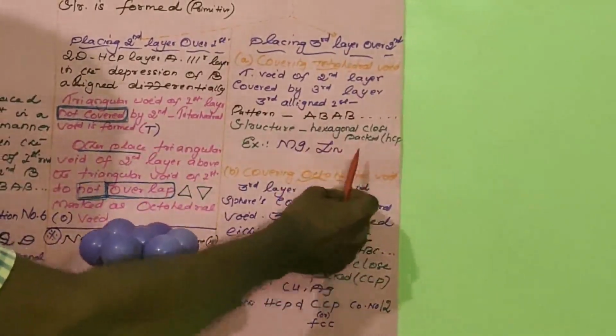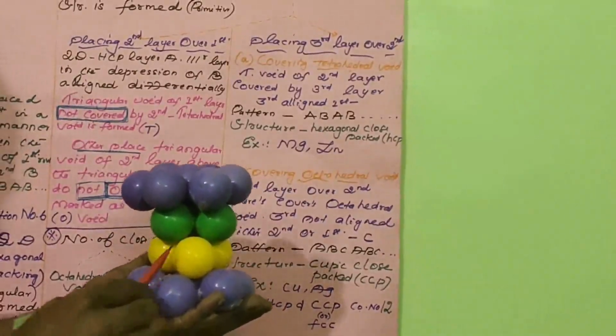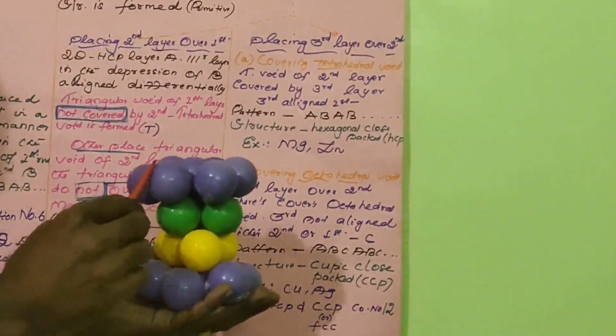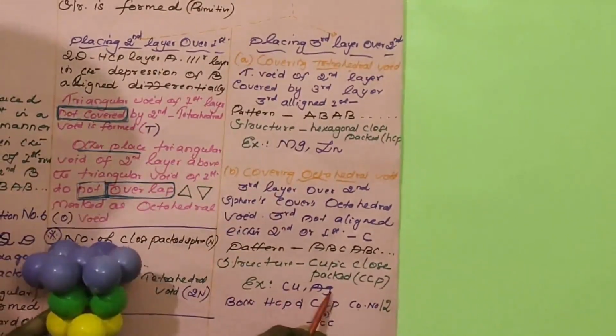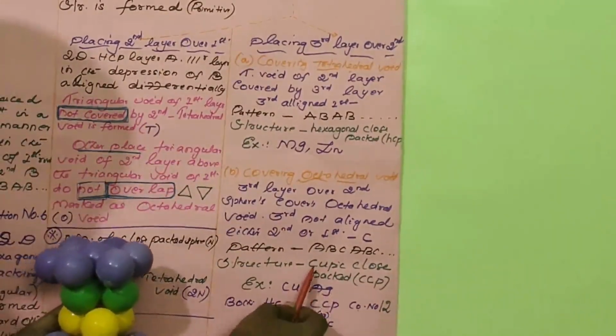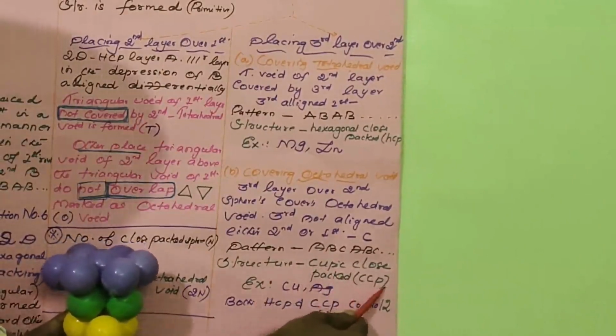Here it is covering octahedral void. So the pattern is A, B, C, A. Example, copper and silver. So the structure is known as cubic close packed in 3 dimension.